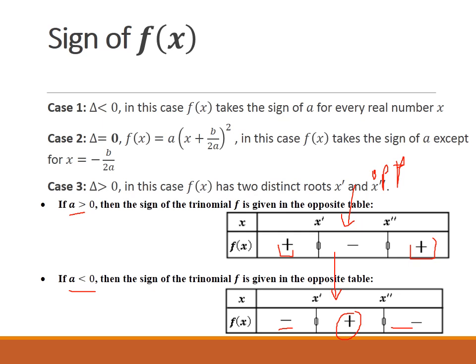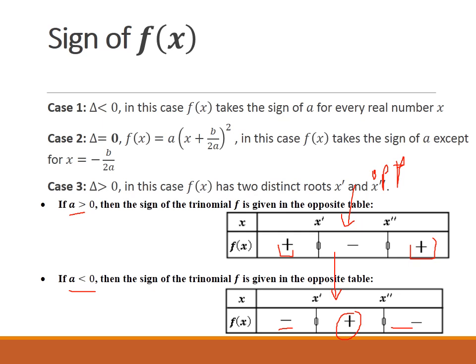So what I'm trying to say is, every time inside the two roots, we have opposite sign of a, and outside the roots, we have same sign as a. If a is positive, then inside the roots we have negative, and outside the roots we have positive. If a is negative, inside the roots it's opposite, so it means positive, and outside the roots same, which is negative.